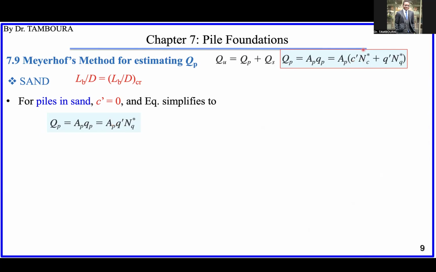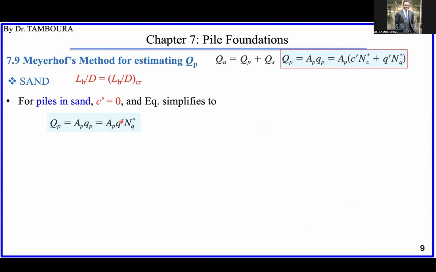You see this part is gone. You have only the pile tip area multiplied by q prime, the effective stress, and N_q star. This equation is the one we have for sand.